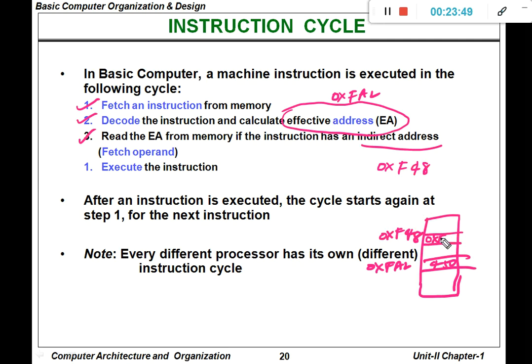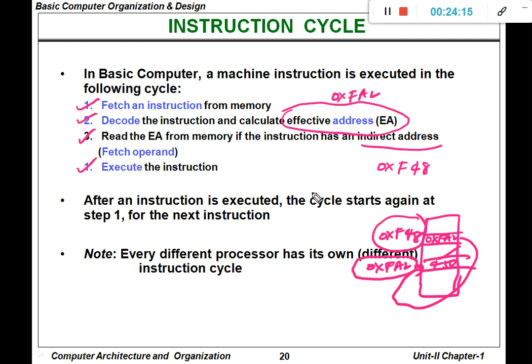What is that address? 0xFA2, something like that. So then we need to fetch the value from 0xFA2. Then we need to change this particular indirect address into effective address. After changing it, we need to fetch the operand as usual, and finally execute the instruction.